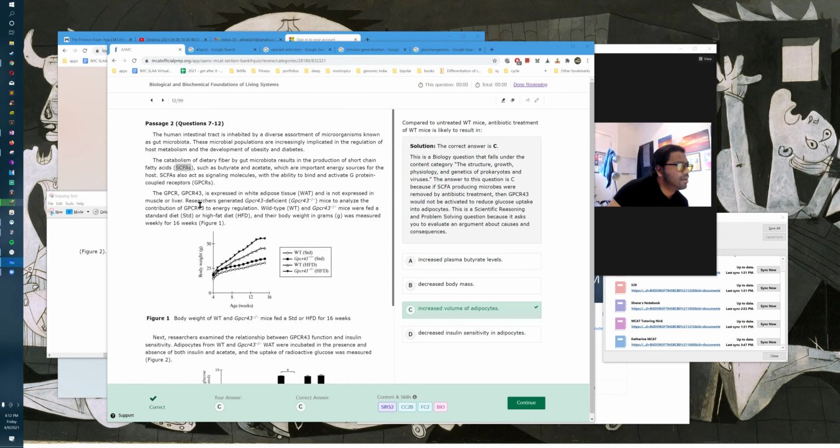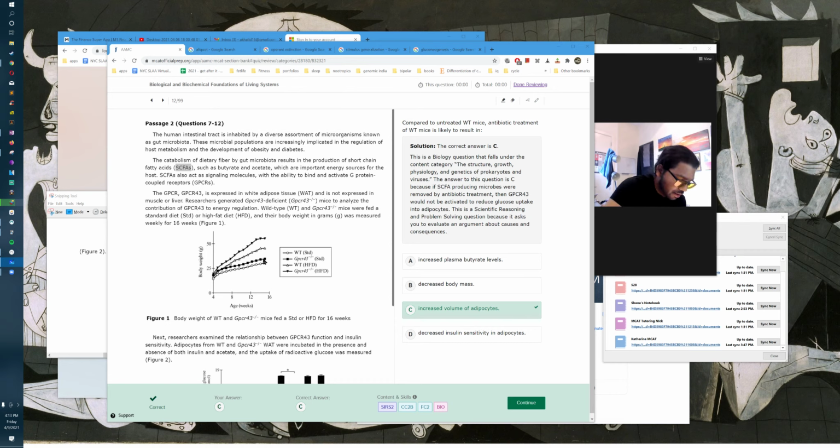Yeah, so the ones that don't have the GPCR receptor, they actually have higher. Okay, all right. So I wrote here, absence of GPCR equals weight gain.